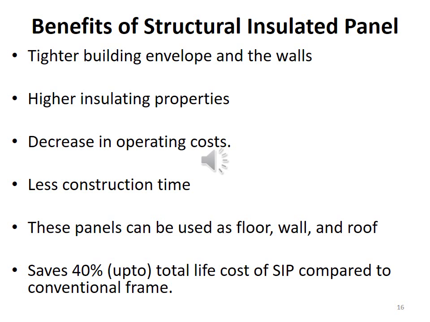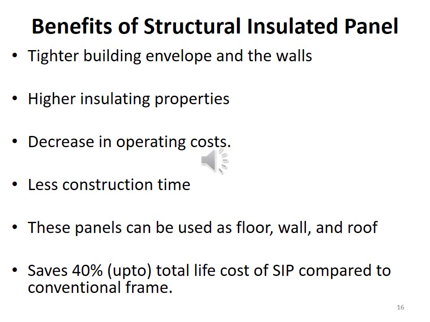So these are the major and potential benefits of using structural insulated panels. They will have energy conserved due to the tighter building envelope and the higher insulating properties to retain the temperature of the building.